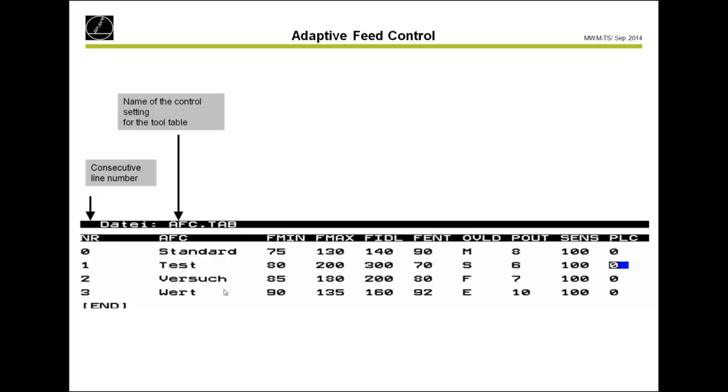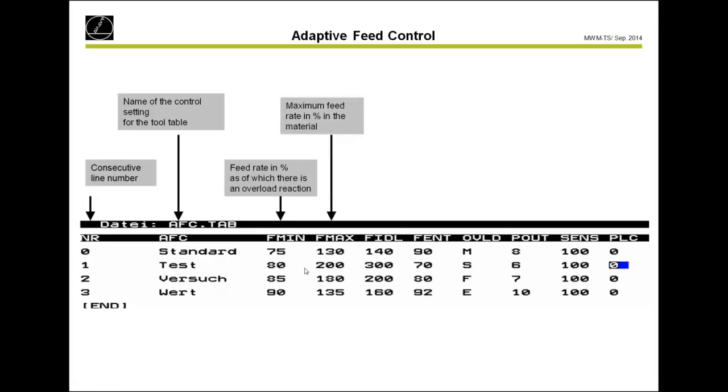Then we make a name for the strategy. This name we will see later also in the tool table when we combine the strategy with the tool in the tool table. Then we define two feed rates, the feed rate minimum and the feed rate maximum. This is always the feed rate in percent of the programmed feed rate.